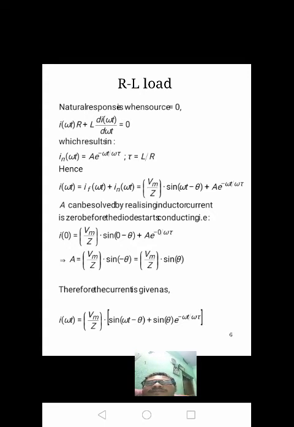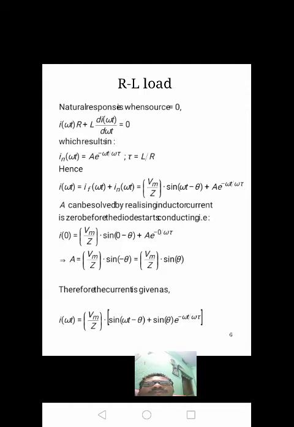The natural response is when the source is 0. i of omega t into R plus L into di of omega t by d omega t is equal to 0. Why? Because for the natural response, the source is 0.